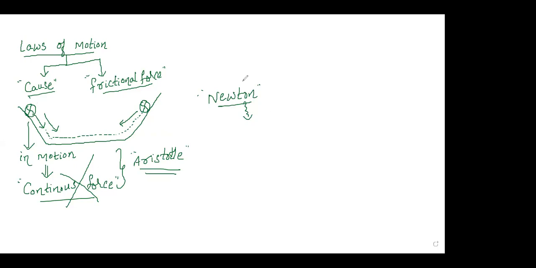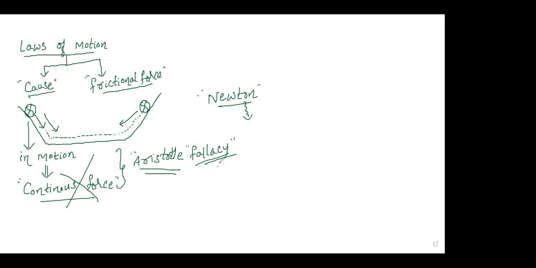After this statement by Newton, the statement given by Aristotle becomes a false statement, which is considered as Aristotle's fallacy. So initially, what did Aristotle say about the motion of a particle? That is exactly reversed.